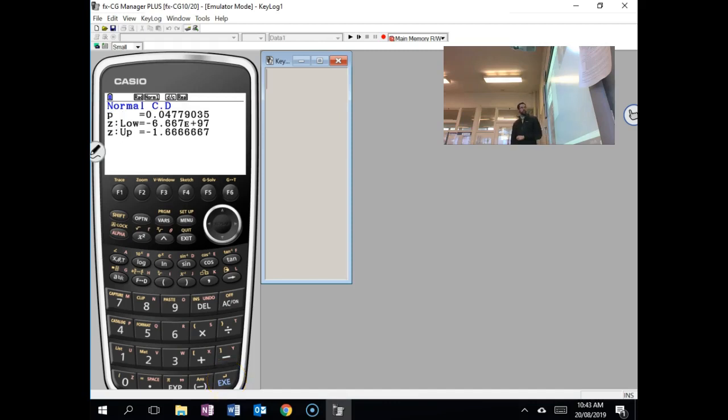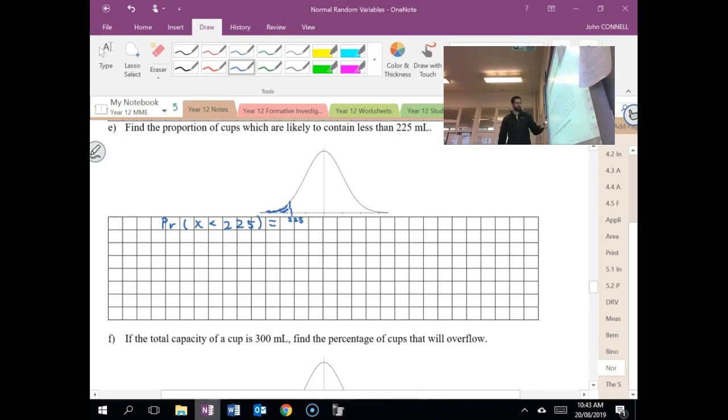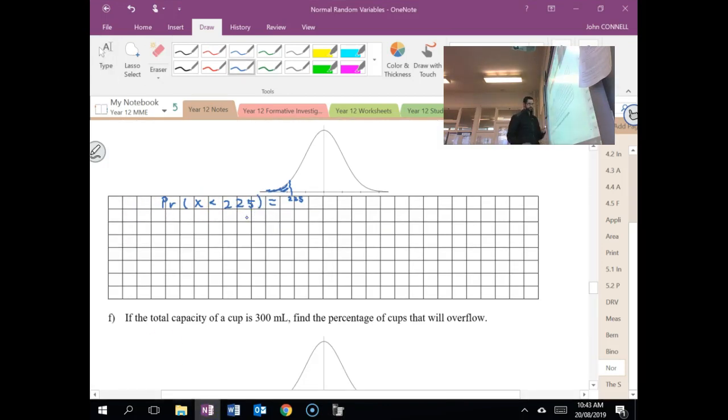And we get enter, and we get 0.0478. So the probability that X is less than or equal to 225 is 0.0478.